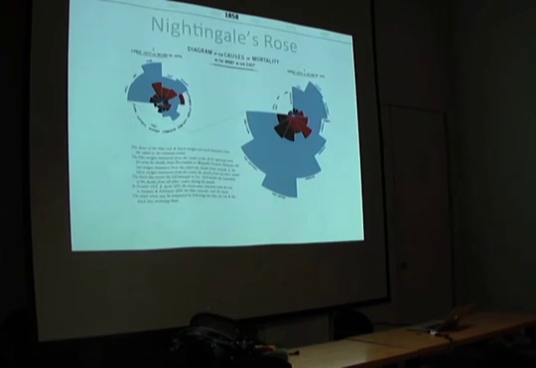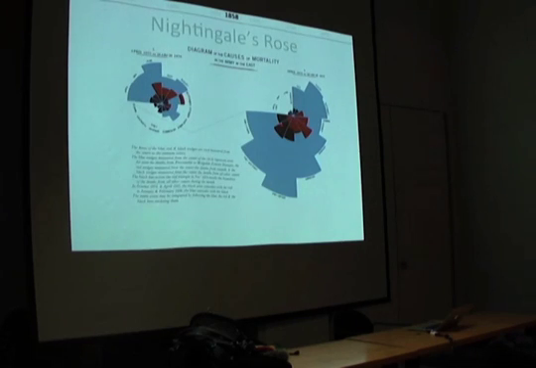But it's a very clear design, and basically what she's trying to show here is that the black area represents the deaths from all other causes during the month, with the black line across marking the boundary.